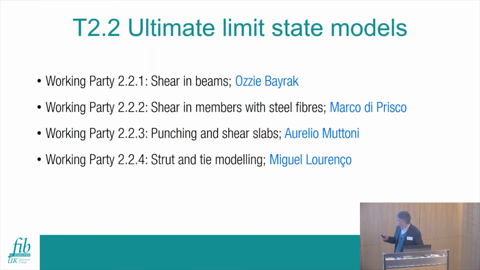I'm a member of task group 2.2, ultimate limit state models, and in particular I'm a member of working party 2.2.1, shear in beams, which is chaired by Ozzy Bayrak from Texas, and also working party 2.2.3, punching and shear in slabs, chaired by Aurelio Muttoni from EPFL in Switzerland.